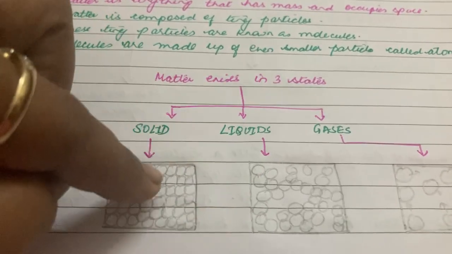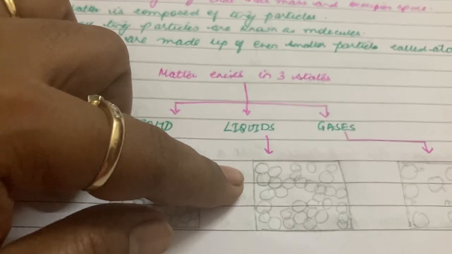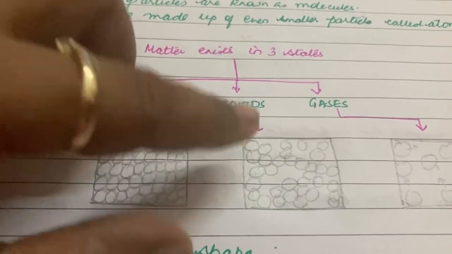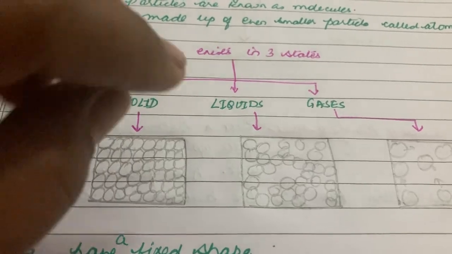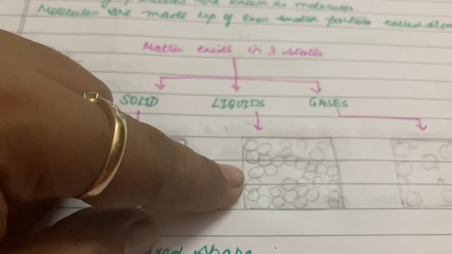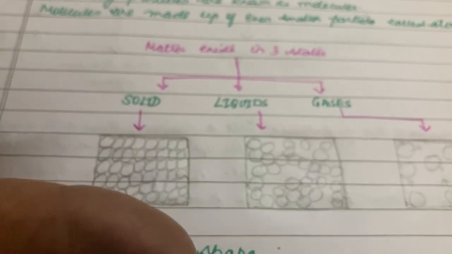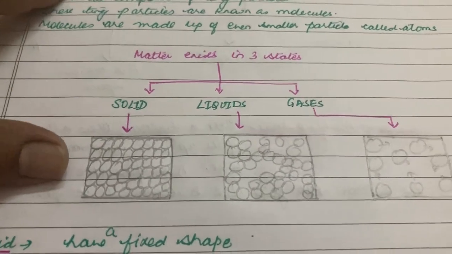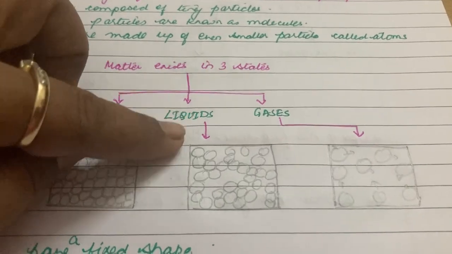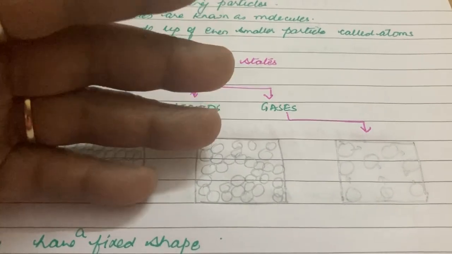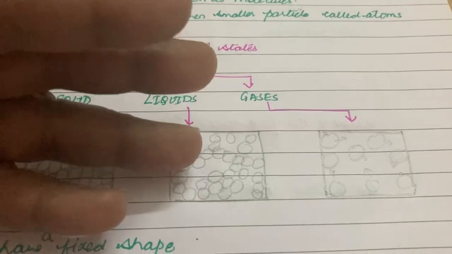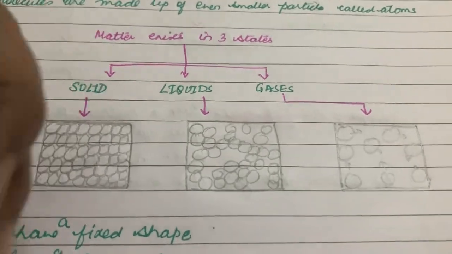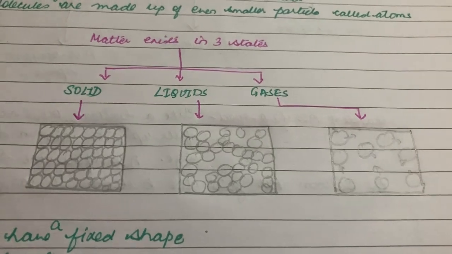In liquids, as compared to solids, the particles or molecules are packed with a little extra space, so there's a little room for the particles to move. In gases, as compared to liquids and solids, the particles are very loosely packed, and therefore there's a lot of space for them to move.